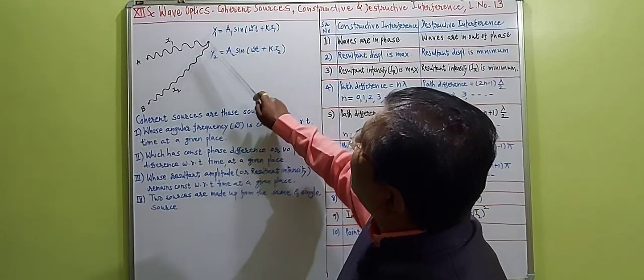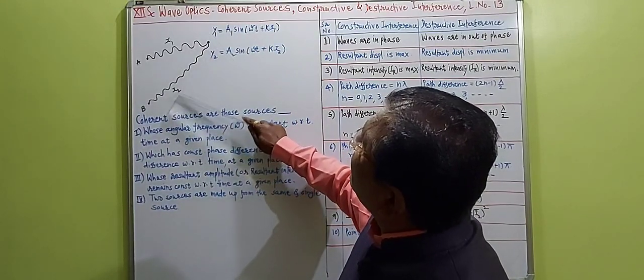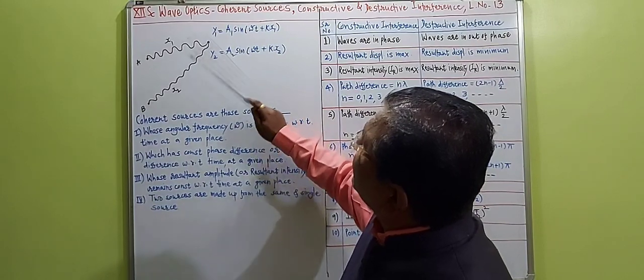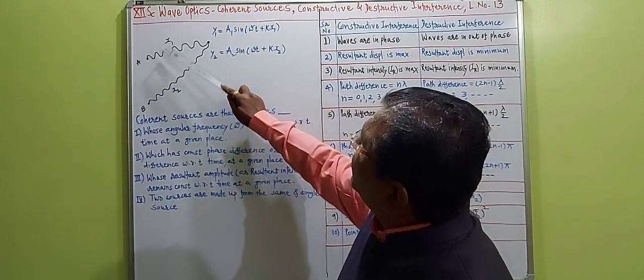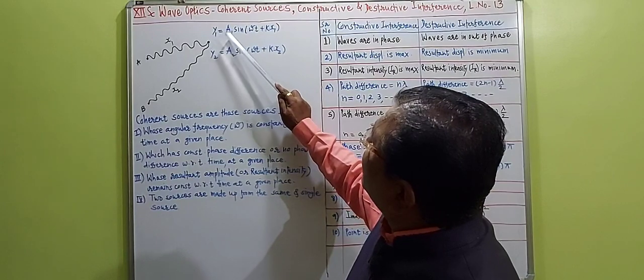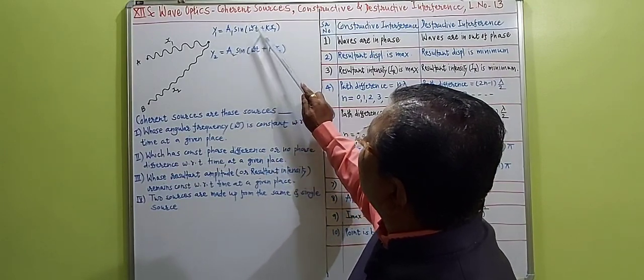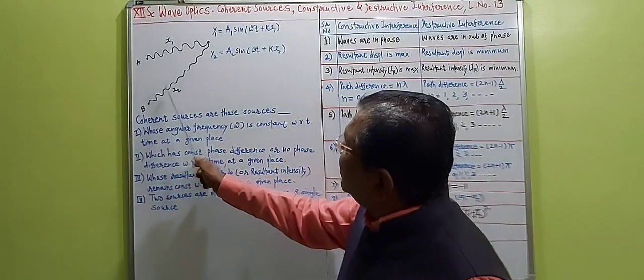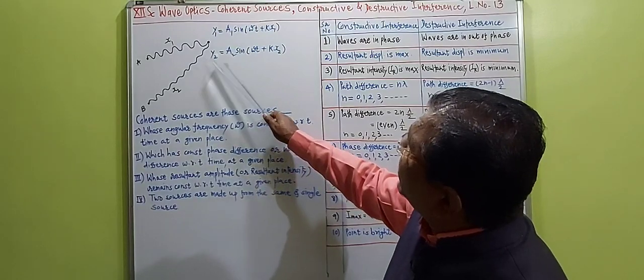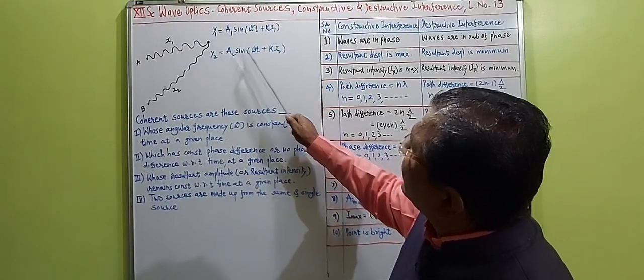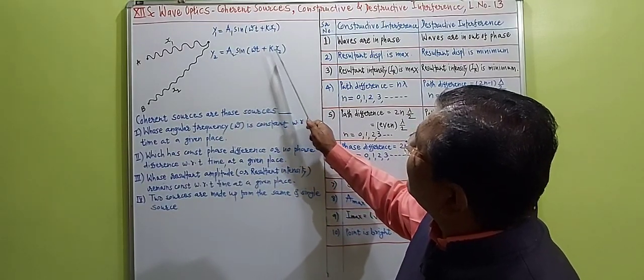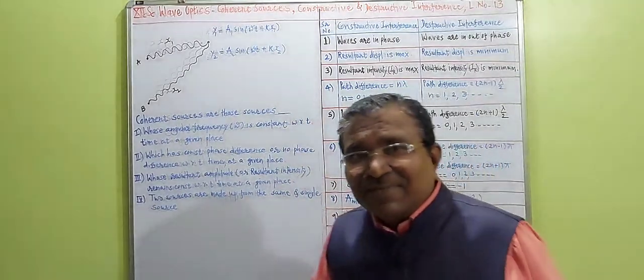This is another wave covering a distance x2 and reaching up to this point. Equation of this wave is y1 = a1 sin(ωt + kx1). Equation of this wave is y2 = a2 sin(ωt + kx2).